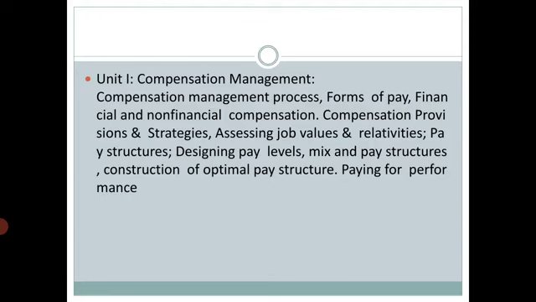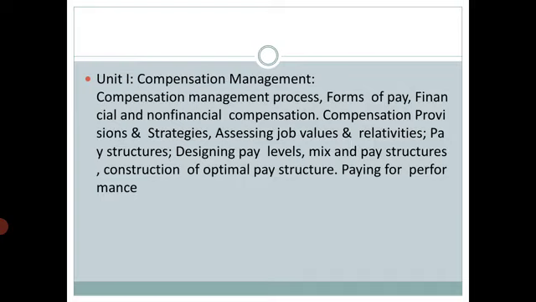So the unit number 1 is entitled Compensation Management. What is compensation all about? Compensation means the pay or the remuneration given to the employee.